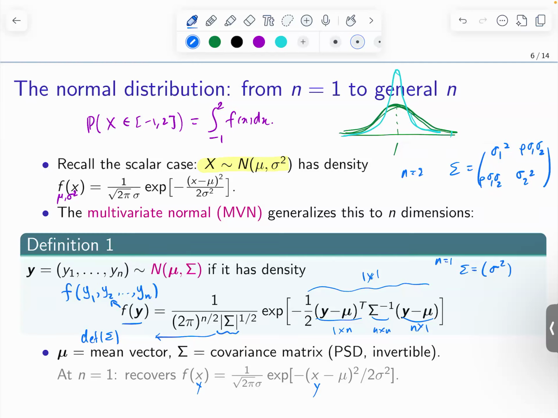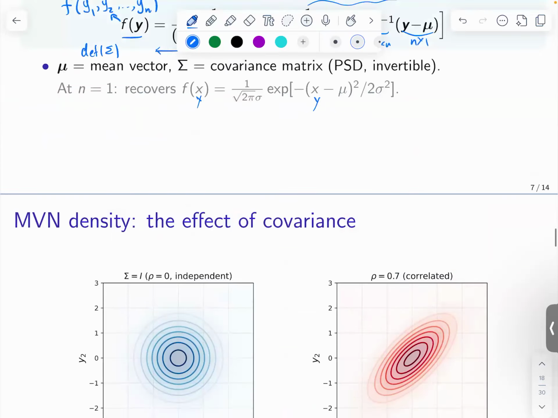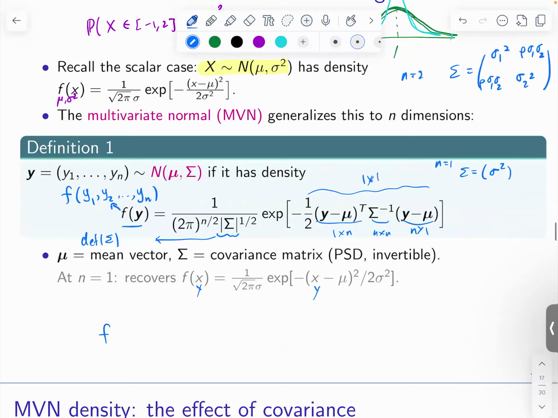So far there's not much we can do with this, but I'm going to show you what it looks like. Here we have the contour. If you set, for example, f of y equal to a constant, and look at all y for which the density is that particular constant, this would give you a contour of the density. So let's say n is equal to 2. I have y1 and y2, and I'm looking at all y1 and y2 such that the density is a fixed constant.